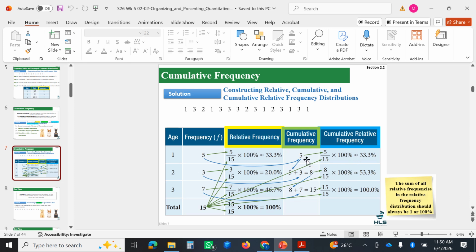So as we gather our stones, we have 5, and then 5 plus 3 is 8, and then 8 plus 7 is 15. That's all data, right? The cumulative relative frequency does the same thing, incorporates all data, but only as a percentage. So 5 represents 33%. Now it'll be 5 plus 3 is 8. 8 out of 15 represents 53%. Okay. And then now 8 plus 7 equals 15.